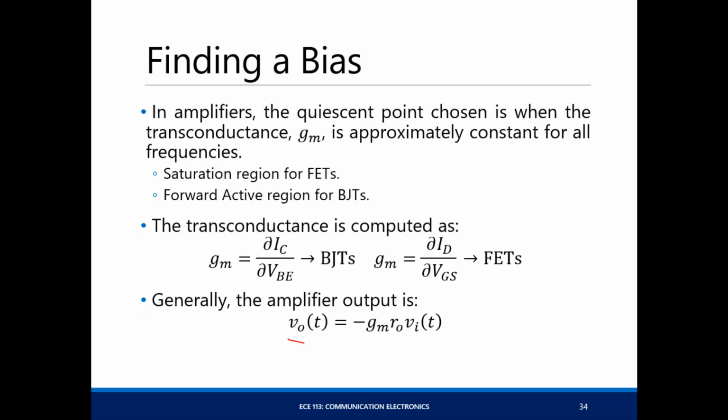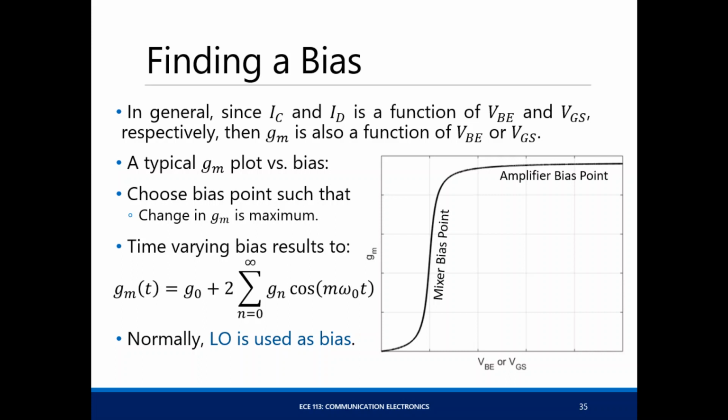Since your output is equal to GM times your input and some RO, which is your output resistance, you choose the bias point at which GM behaves or changes very fast compared to your input. Okay?